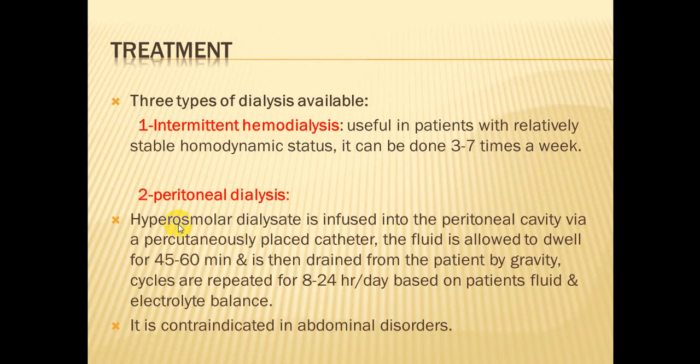We use hyperosmolar dialysate, which is infused into the peritoneal cavity via a percutaneous catheter. The fluid dwells for 45 to 60 minutes and then is drained by gravity. This cycle can be repeated for 8 to 24 hours per day according to the patient's fluid and electrolyte status. It is also contraindicated if there is an abdominal disorder.